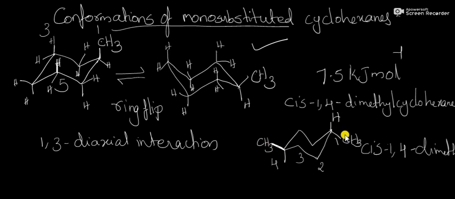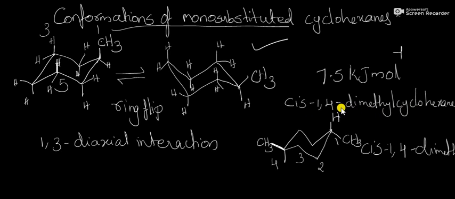Here we can see that both the CH3 groups are at an equatorial position. So this will be the more stable conformation of 1,4-dimethyl cyclohexane. So trans 1,4-dimethyl cyclohexane is more stable than cis 1,4-dimethyl cyclohexane.